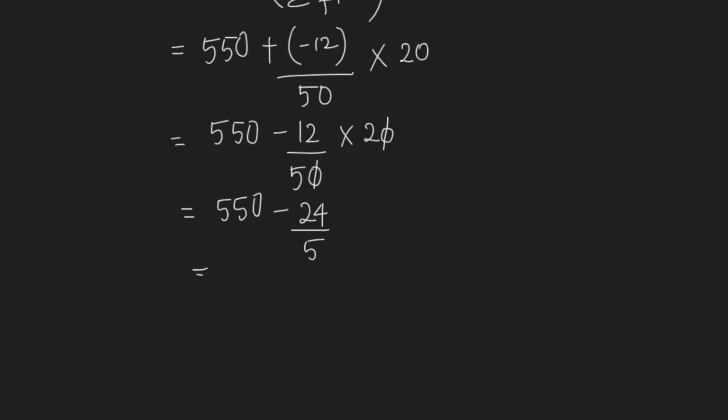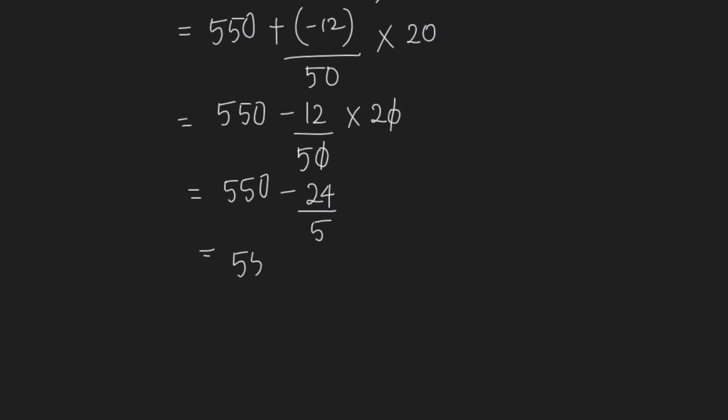So this can be written as 550 minus 24 divided by 5, which will give us 4.8. So you get 550 minus 4.8 as 545.2. So this is the mean daily wage of the workers of the factory is rupees 545.2.